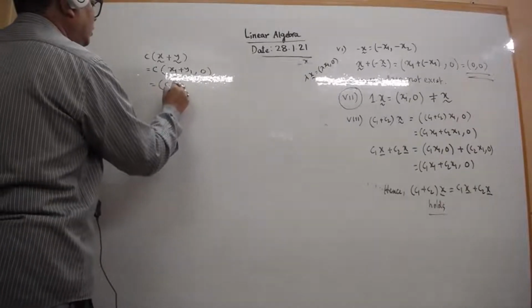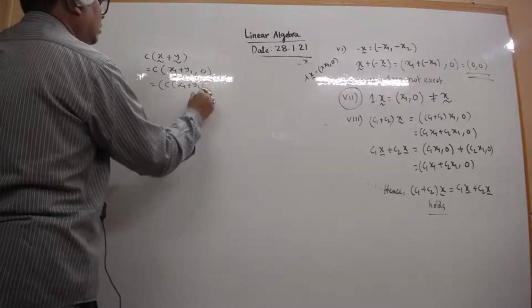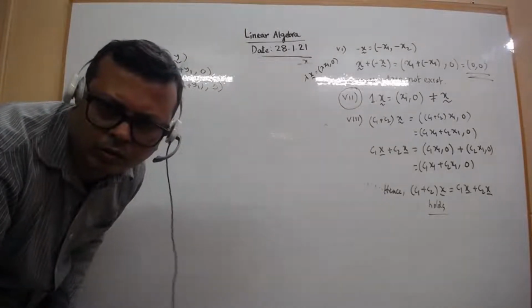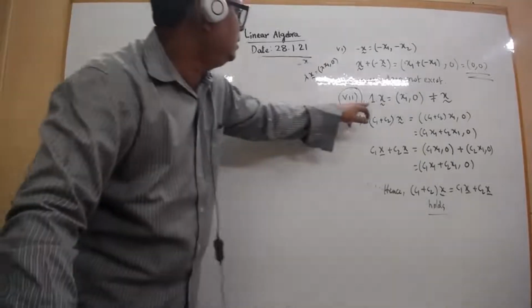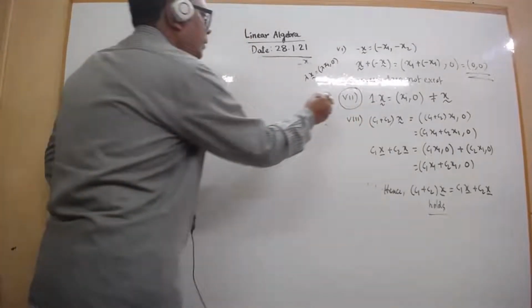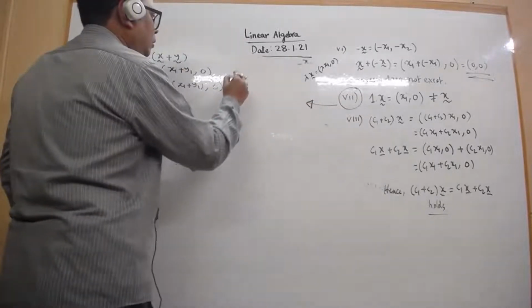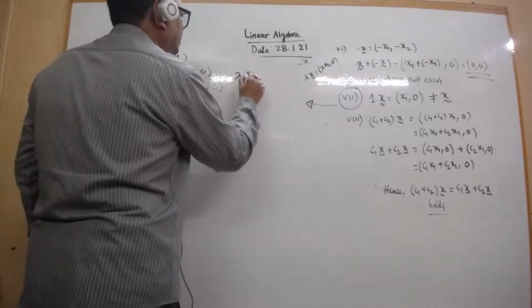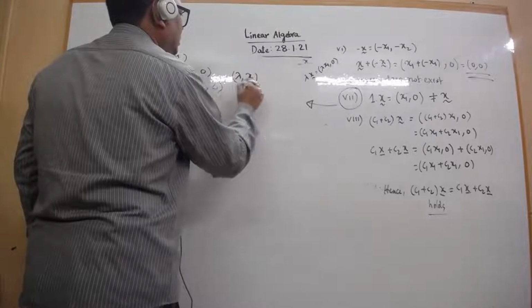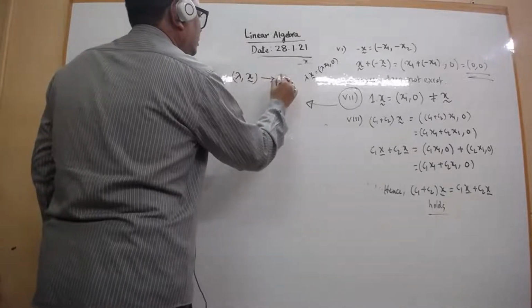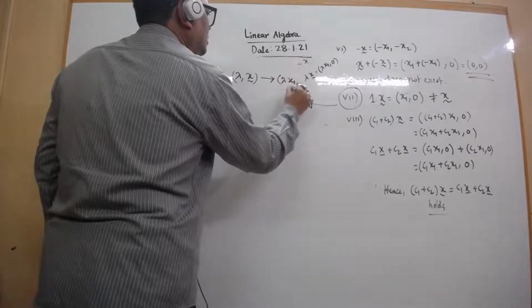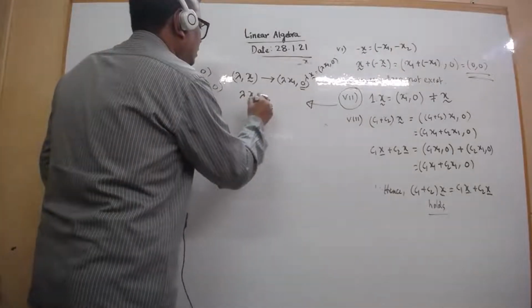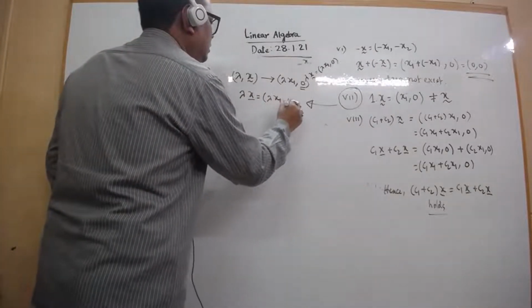Then again, I define scalar multiplication here: lambda x curl equals (lambda x1, 0), with the second component 0.